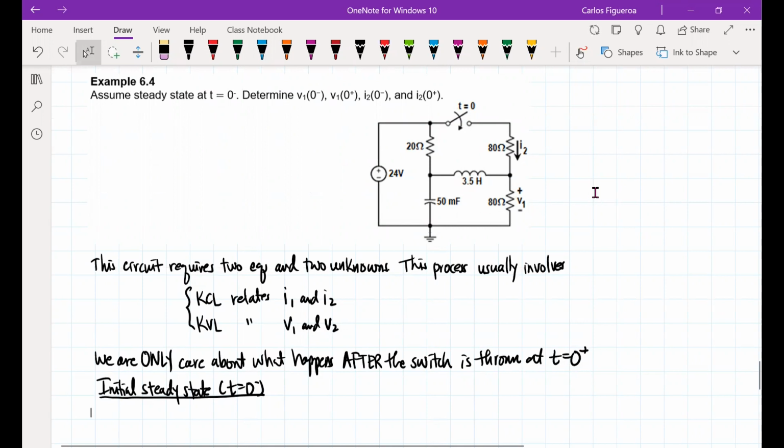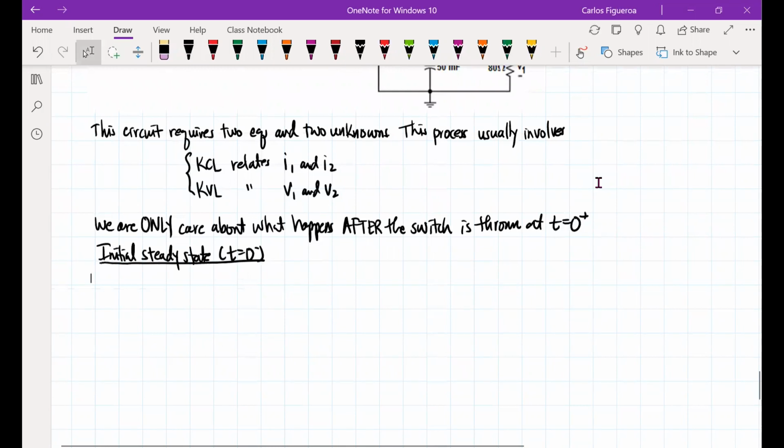So now if I redraw the circuit, here's what happens. I have a 20 ohm resistor that leads to an open, and I have a source right here, which is 24 volts.